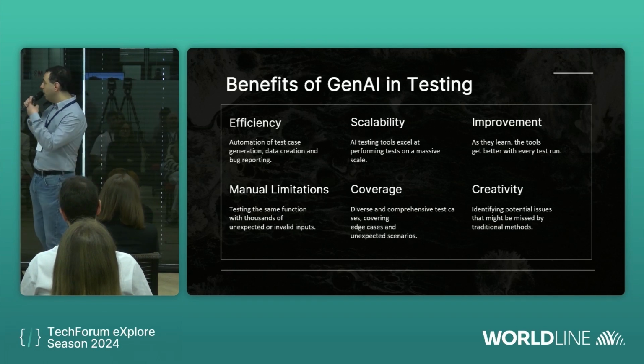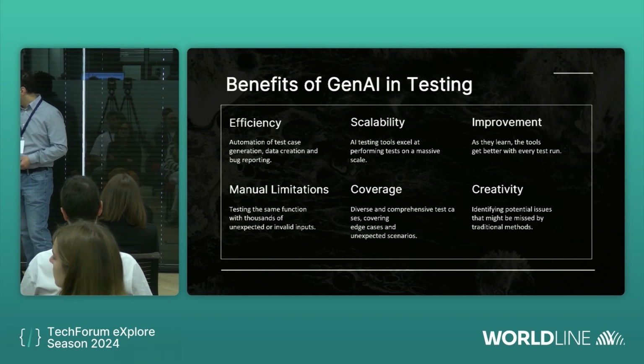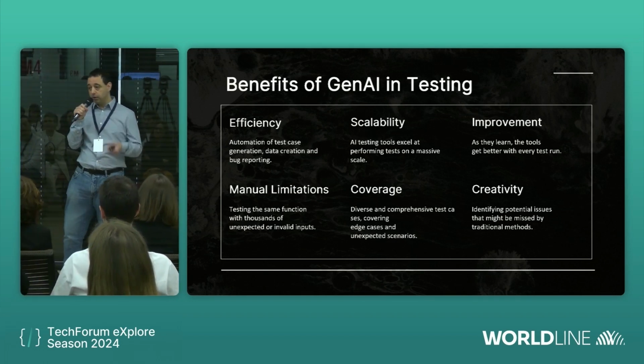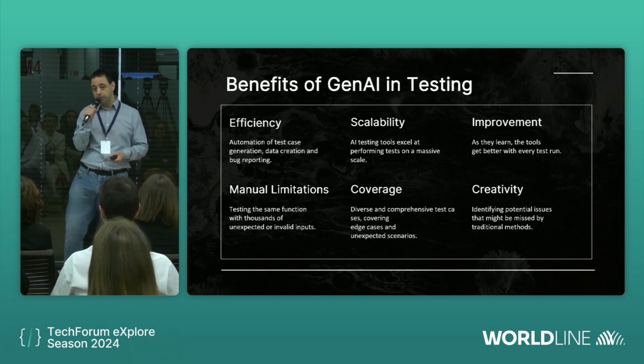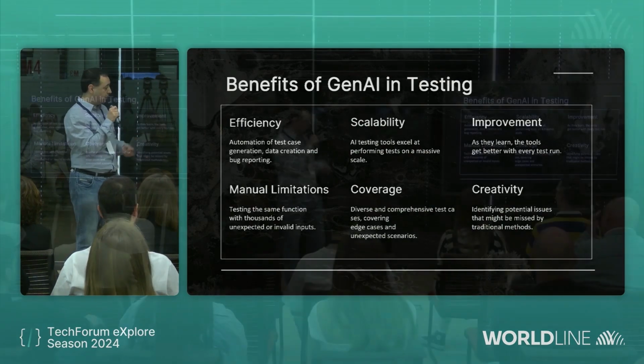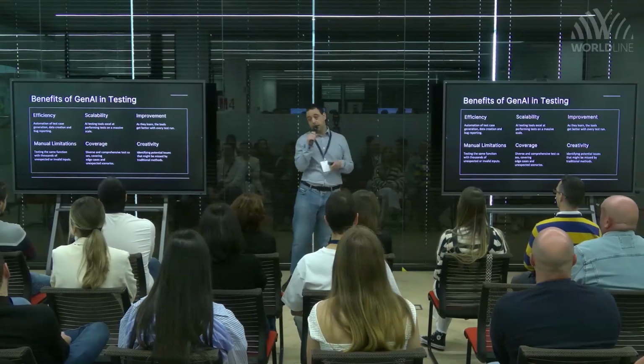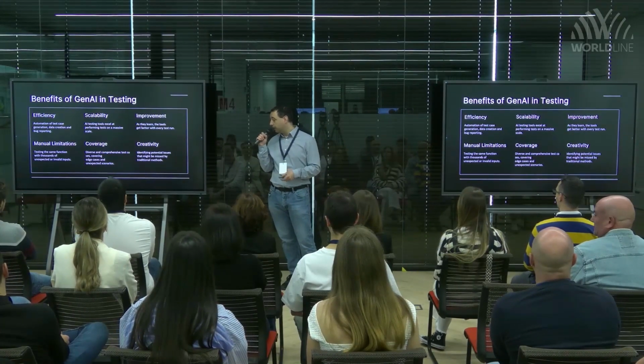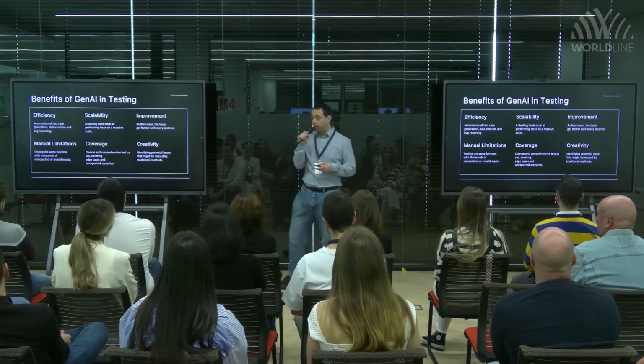You can have lots of tests running at the same time. Also, a very important improvement: these tools learn with time, so you get better results as you get new iterations.